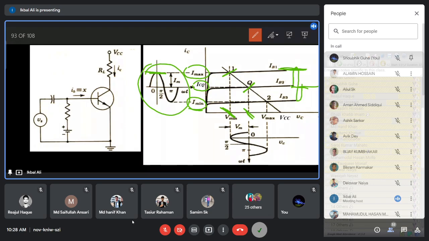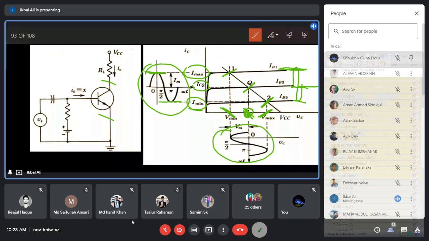When the Q point goes to position 2, the base current is minimum, collector current is also minimum, but the corresponding collector emitter voltage becomes Vmax, which is the maximum voltage. So this is the voltage swing. The collector and emitter voltage without the signal has a DC value, this one.